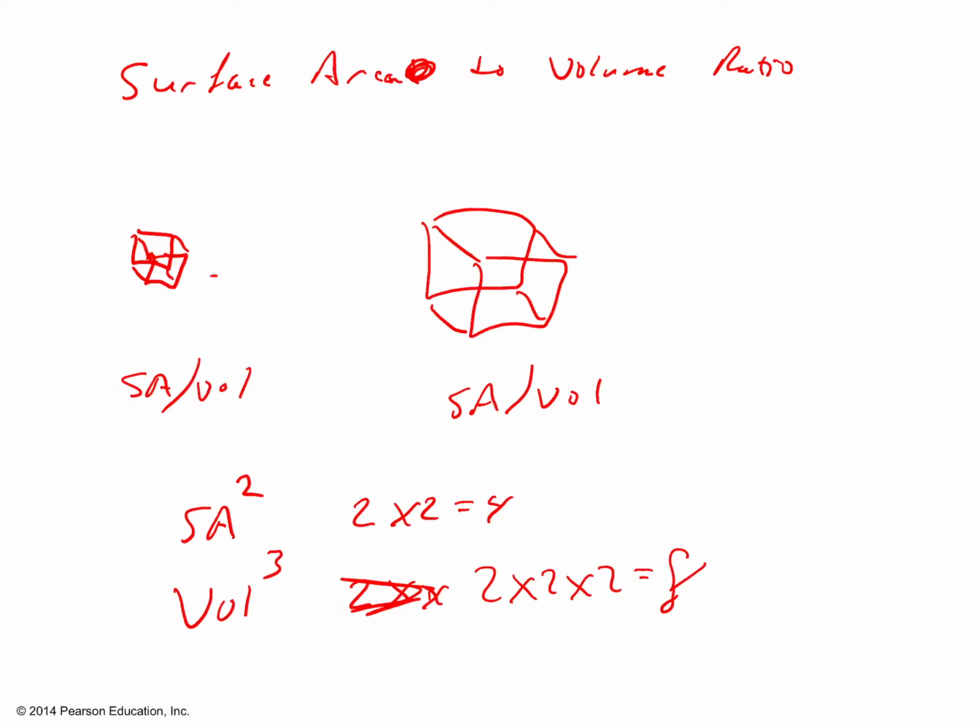Okay? So the point I'm getting at is, as this small cell grows and becomes a larger cell, the surface area and the volume do not grow at the same rate. The surface area grows by the square, but volume grows by the cube. So which of these two is growing faster? The volume. That means the pace of volume growth is outstripping the pace of surface area growth. That means that this cell, relatively speaking, has a larger amount of surface area compared to its internal volume than does this cell.